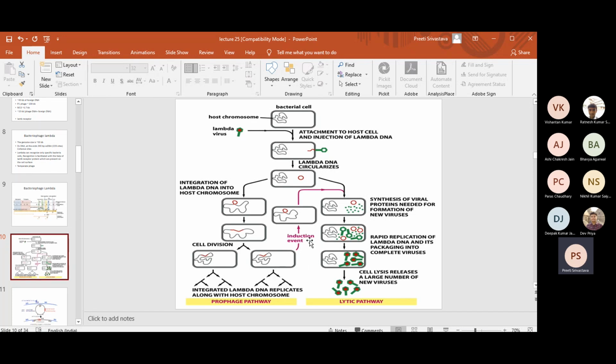This is called an induction event. So it switches from lysogenic to lytic cycle as a result of this DNA damage. What happens is that this prophage, the lambda DNA which was integrated in the chromosome, pops out and exists as an independent entity, and then it will again start replicating and making viral proteins, and then it can switch to the lytic cycle, which is shown on the right.